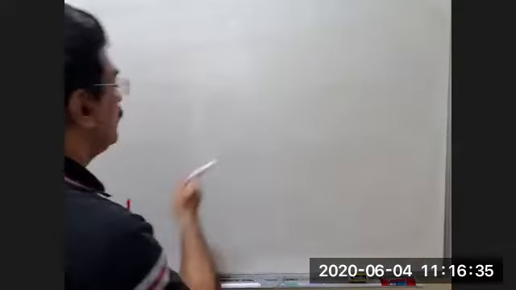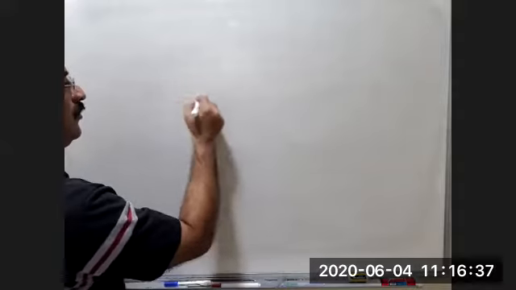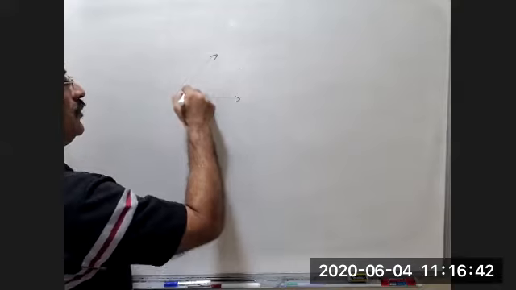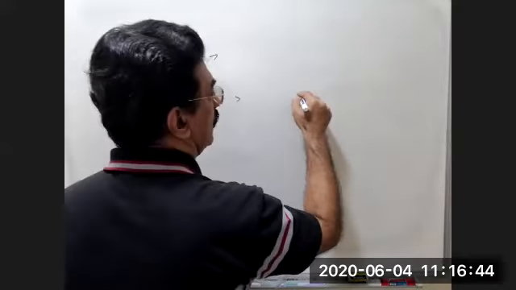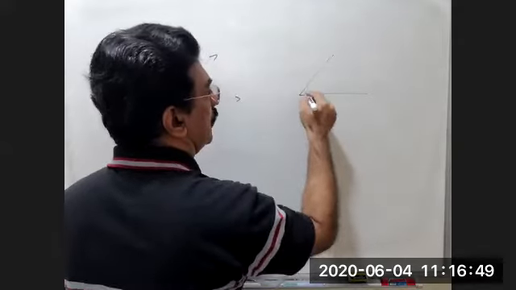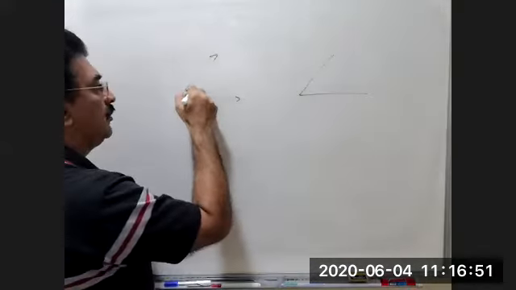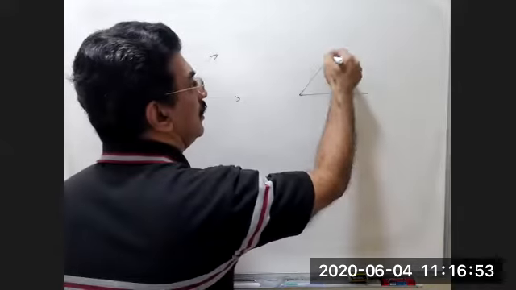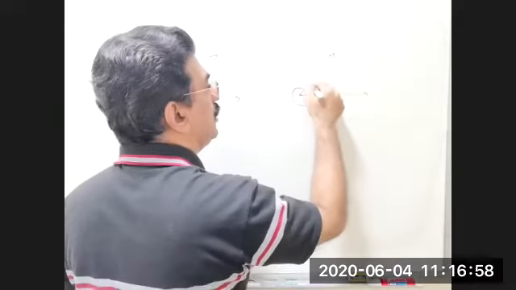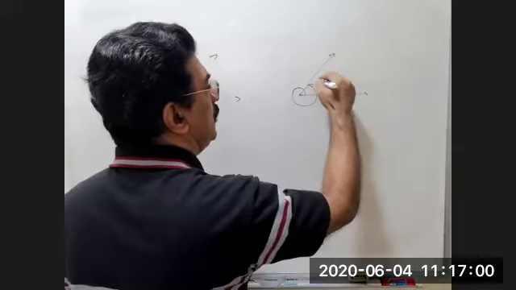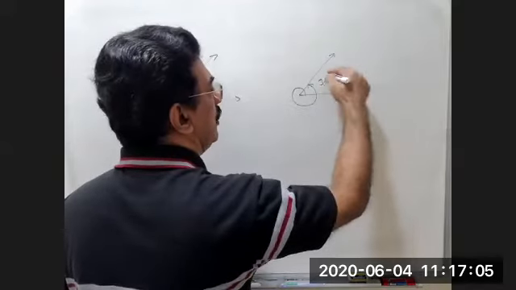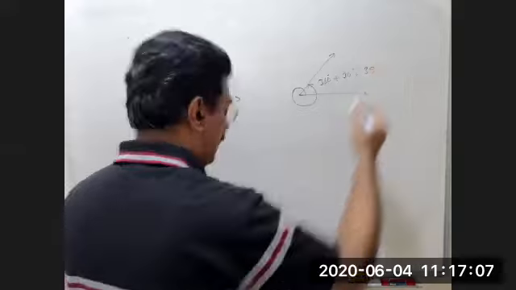See, the initial ray, terminal ray, this opening, this is an angle. Again, this one is 30 degrees. What I did was take one complete revolution and come back. That means this is 360 plus 30, which is 390 degrees.